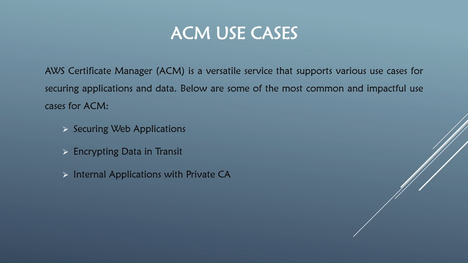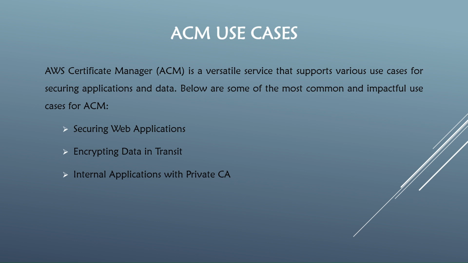The first thing is securing web applications. What is secured here? Websites and APIs. It provides SSL/TLS certificates to web applications and APIs, enabling encrypted communication between a client, for example a browser or mobile application, and servers. How does ACM help here?